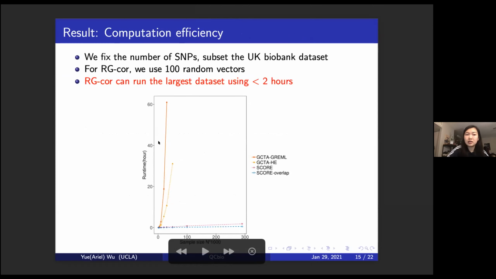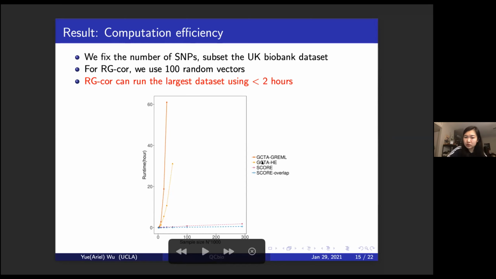So we have described our method, and here are some properties of it. Firstly, our method is computationally efficient. We measured this by taking subsets of UK Biobank and running the methods. There's a typo here: our method is called SCORE, and this pink line and this blue line are both SCORE, where SCORE overlap is a shortcut version of our method for when two phenotypes have exactly the same measurements on the genotype.